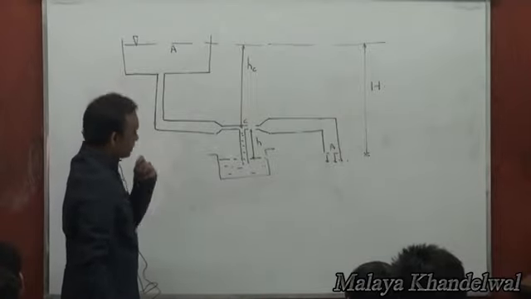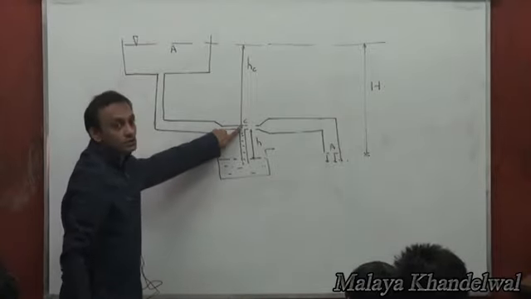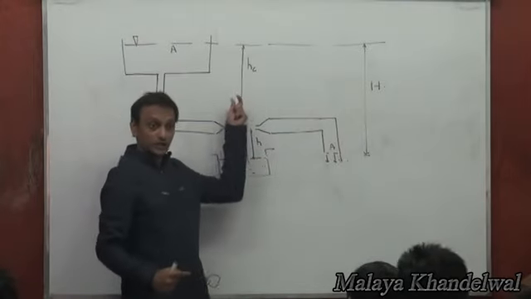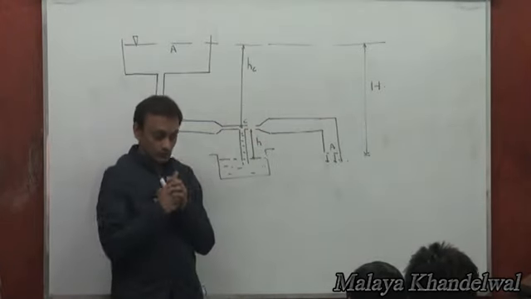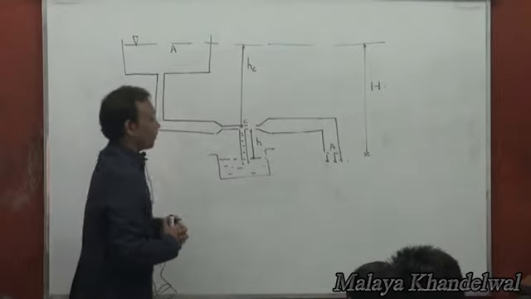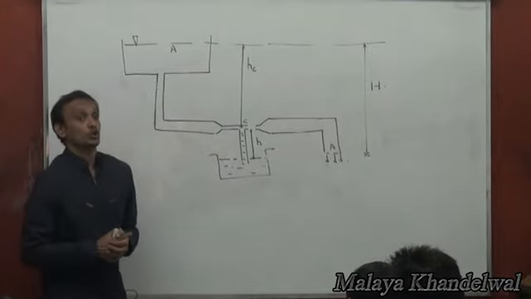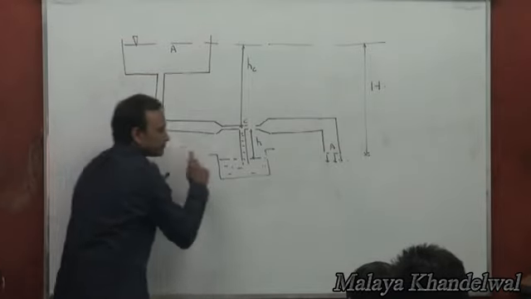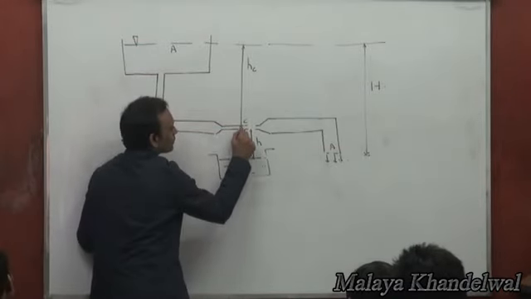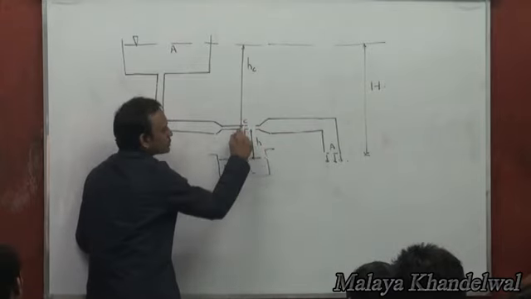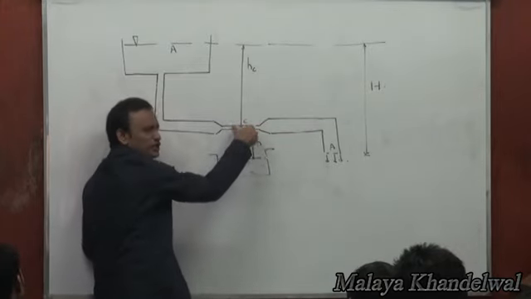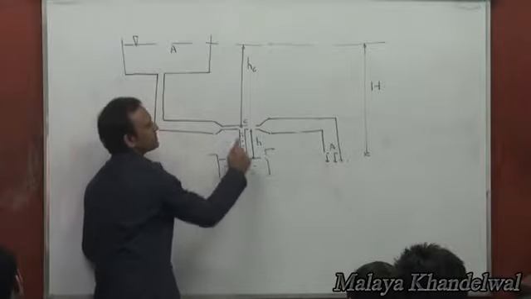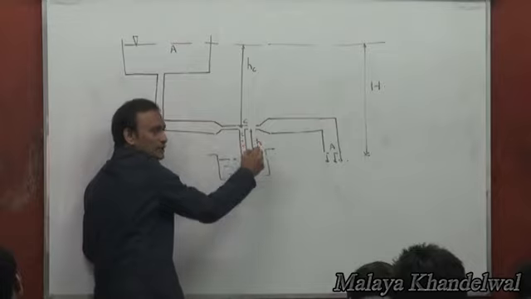Evidently, the pressure here has to be low so that it could suck in. How much lower? That's the point. Let's see what the pressure at C is so that it could just rise by an amount H.